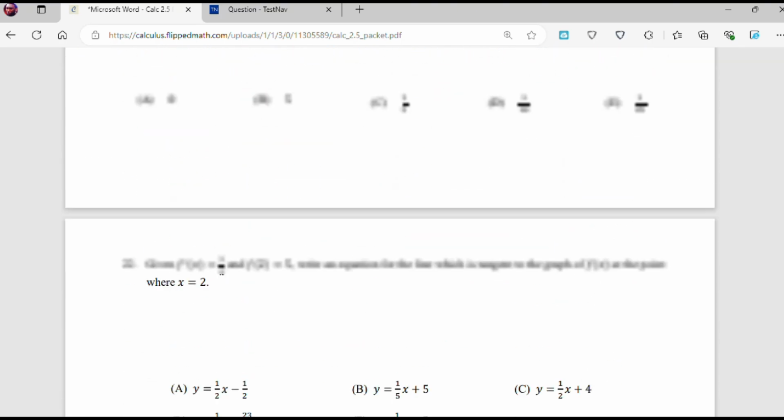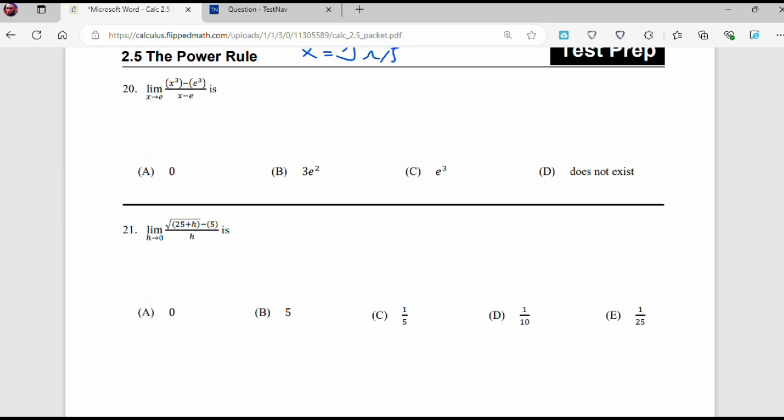So we have a couple more questions. All right. Number 20. Limit as x approaches e of x to the third minus e to the third over x minus e. This looks very familiar to this derivative formula. Okay, so we have our f of x, and we have to find our derivative at e, right?